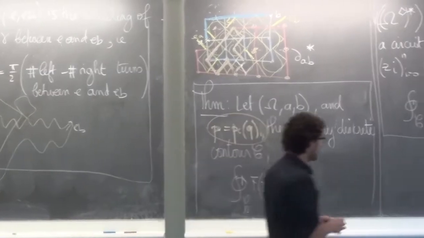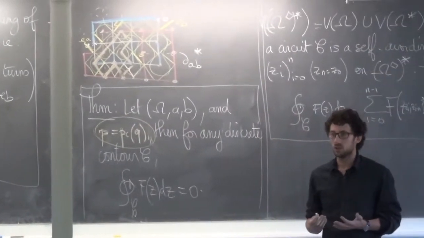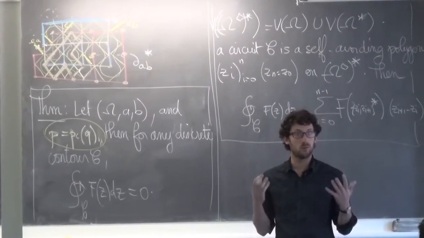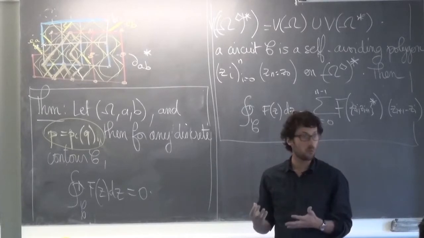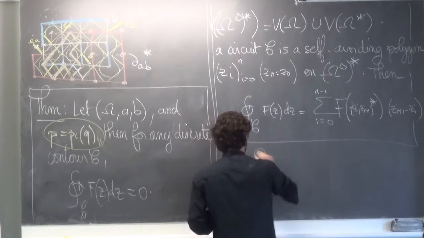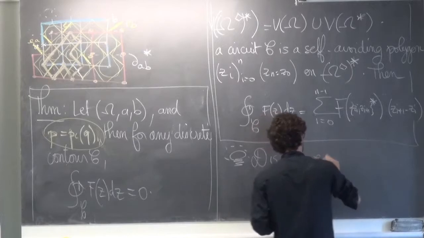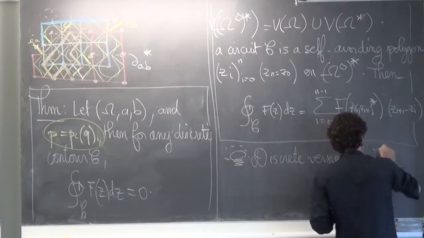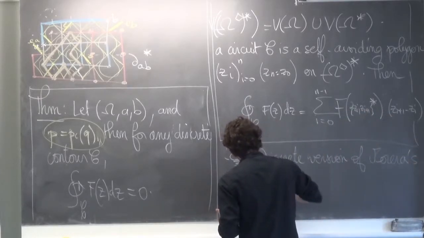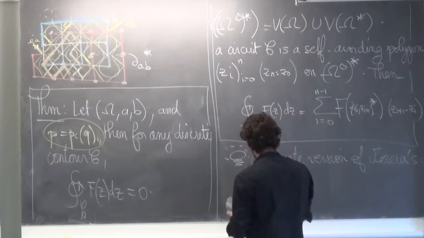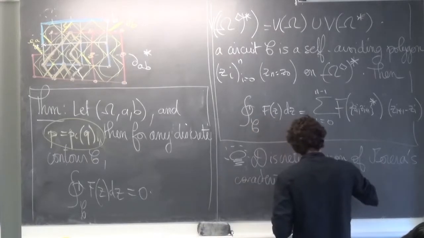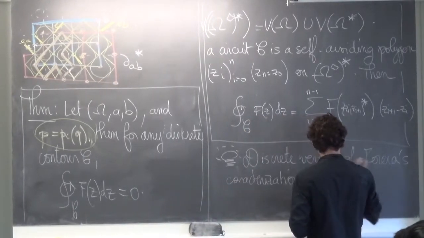And here you should think, what are the continuous functions of the complex variable which satisfy the property that the discrete contour integrals vanish? Well, these are exactly the holomorphic functions. So this is some kind of discrete version of Morera's theorem. It's not a version of Morera's theorem, but of Morera's characterization, let's say, of holomorphic functions.